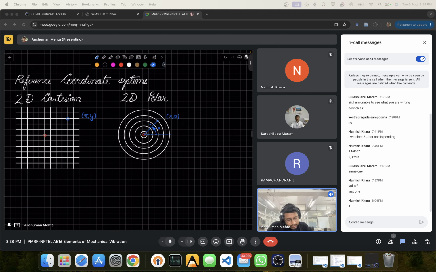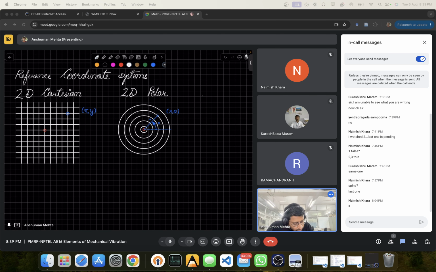So it provides a unique and complete description. Two things are important here: one is unique and the other is complete. Unique means if this blue point has some coordinate x1, y1, then this brown point should not have the same coordinate. It should have different coordinates.